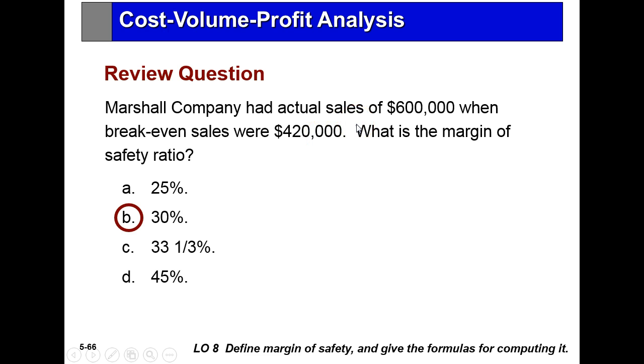Am I doing that wrong? Yeah. So the 180 is what the extra safety zone is. Divide that by our total actual sales of 600,000, and that gives us our margin of safety ratio of 30%.